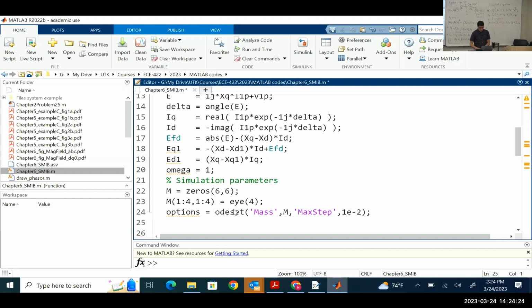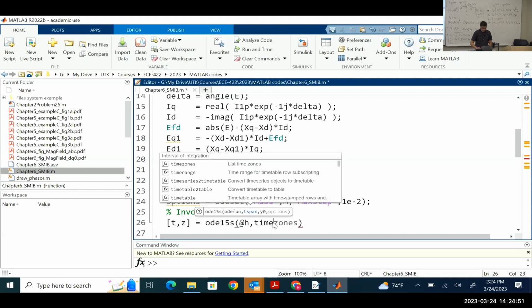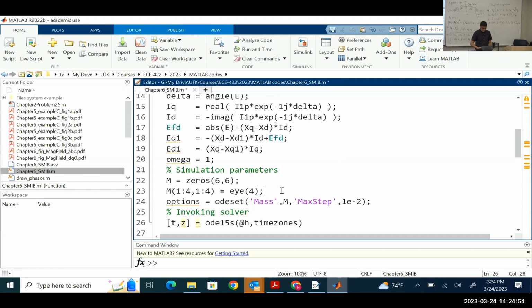Invoking solver. Then you have T and Z, that's our combined variables. And this is going to be ODE15S. The function we're using for this is called H. And then we need to define the time for the simulation.